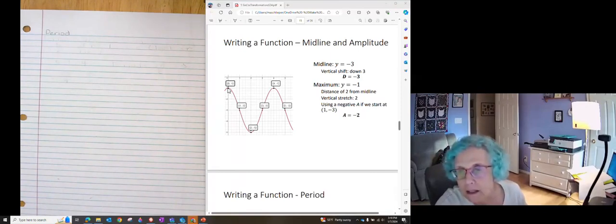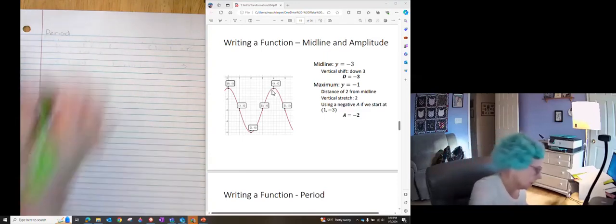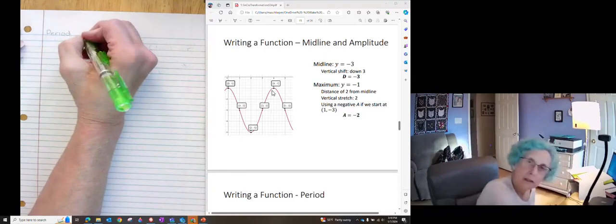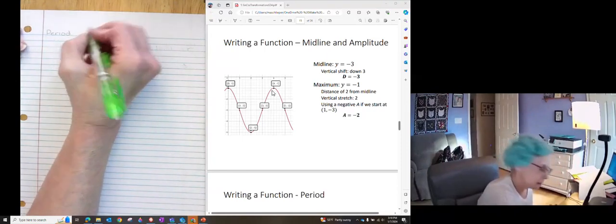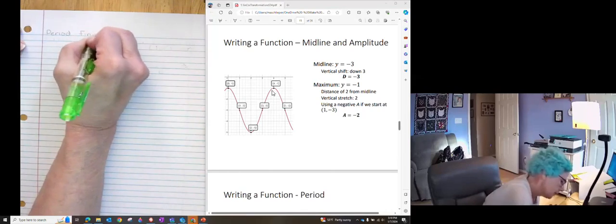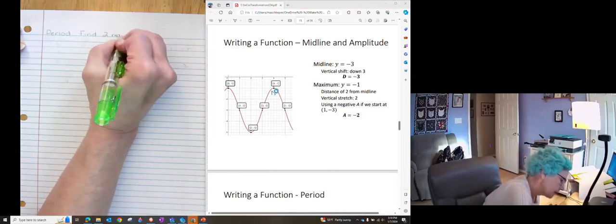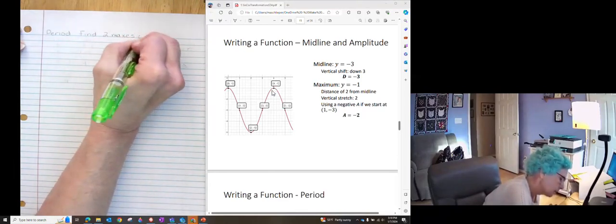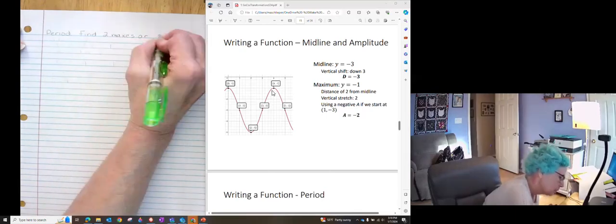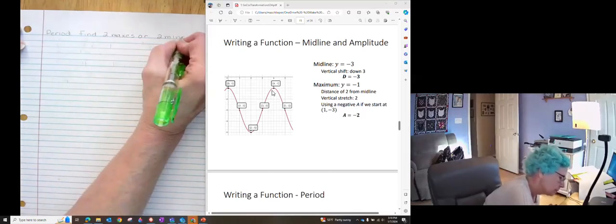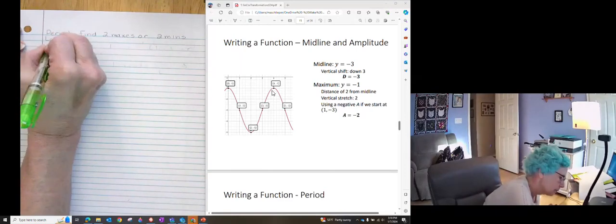There's a max at 0, -1, and at 4, -1. So the length of the period is the difference in those x-coordinates. So find 2 maxes or 2 mins and look at the x-coordinates.